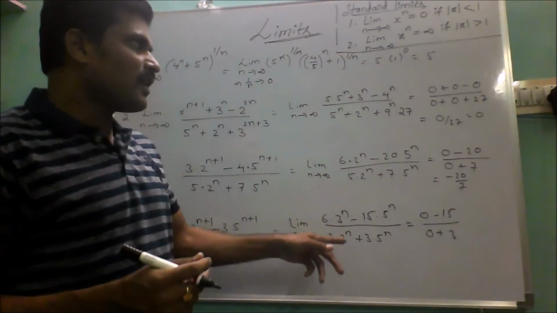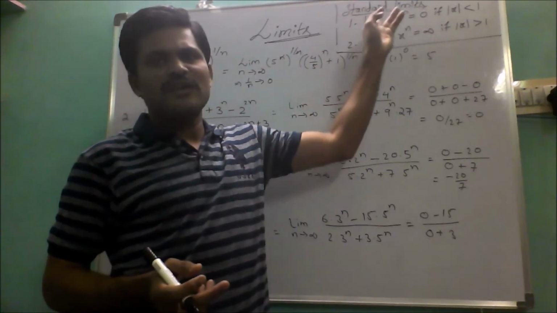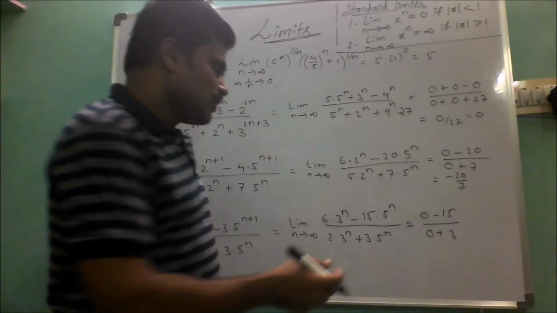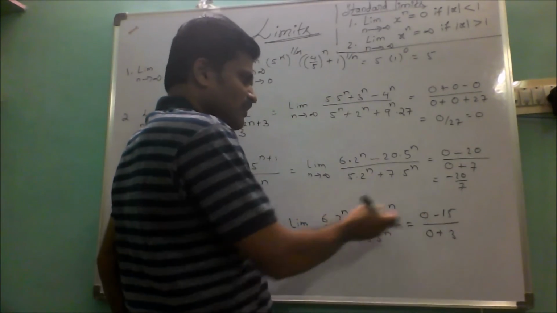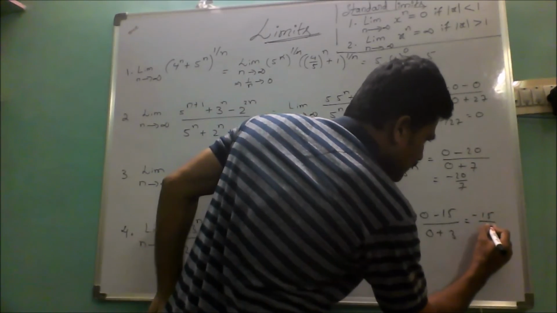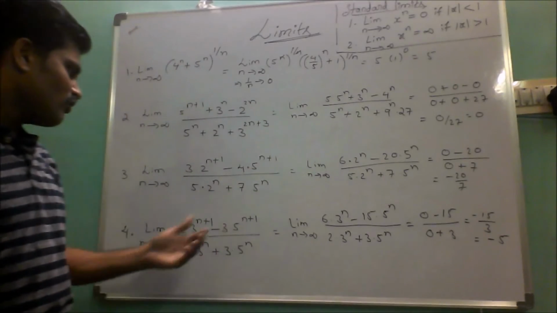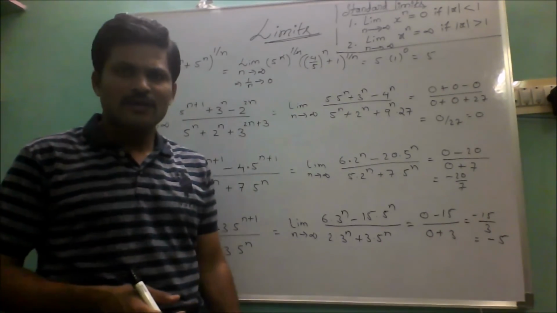Here 3 by 5 is always less than 1, so the limit of that function equals 0. Now substitute 0 in this limit and simplify: minus 15 by 3 equals minus 5. So this is the solution for the fourth one.